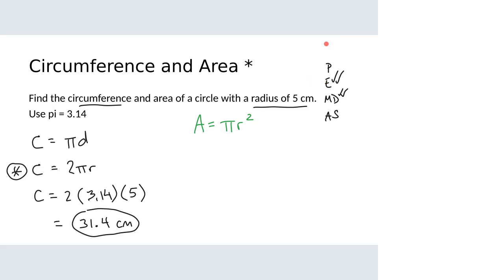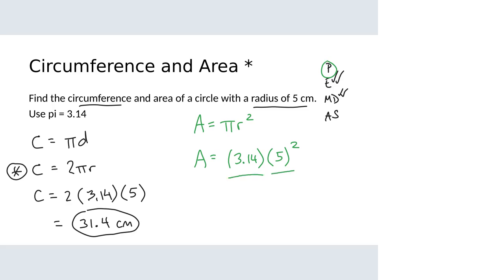Let's go ahead and take a look at this one then. Our area is going to be pi multiplied by the radius squared. You might be thinking, well, hey, I thought parentheses came first, and that would be a perfectly reasonable thing to think. That's only if there's work to do inside the parentheses.